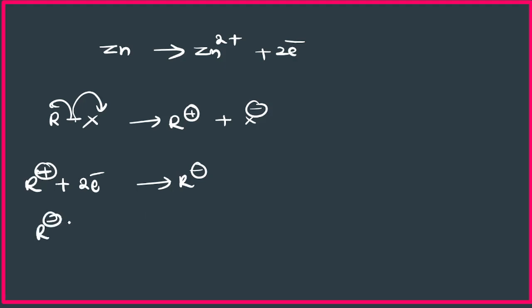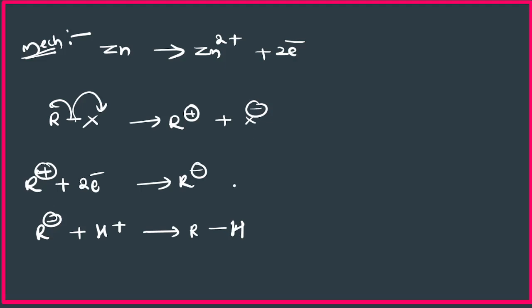The R minus with H plus from acid becomes RH. This is the approximate mechanism of reduction of alkyl halide to alkane in the presence of zinc in hydrochloric acid.